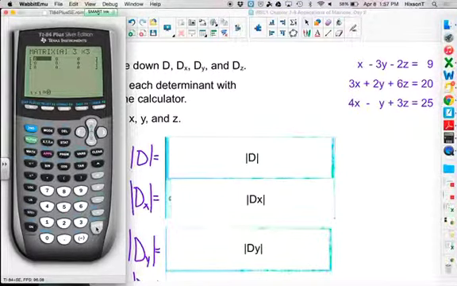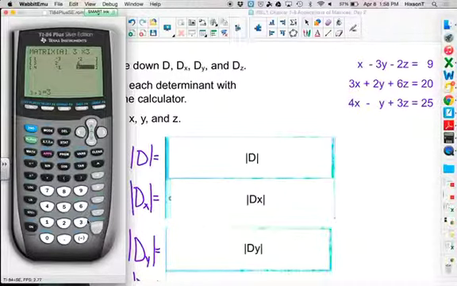One thing I'm going to have you do, which you don't absolutely have to do, but I think it's easiest, is enter our coefficient matrix in here first. So 1, -3, -2, and then we have 3, 2, and 6, and then we have 4, -1, and 3.